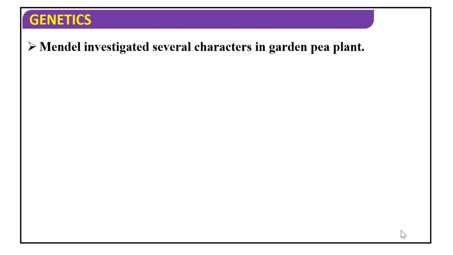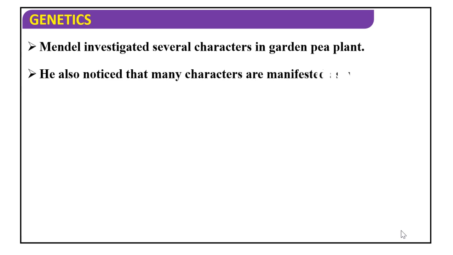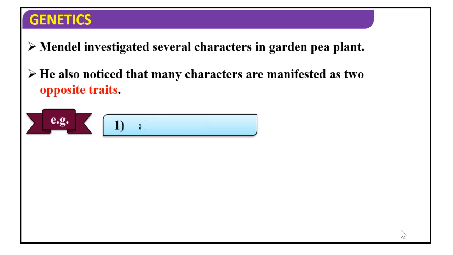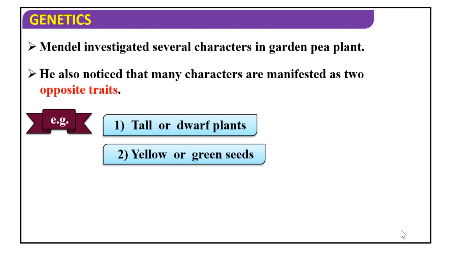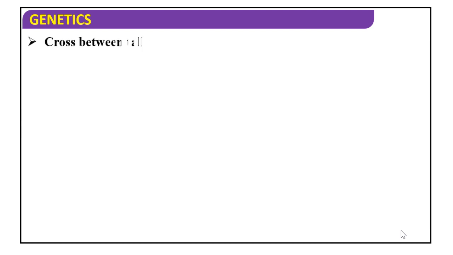Mendel investigated several characters in the garden pea plant. He noticed that many characters are manifested as two opposite traits, for example, tall or dwarf plants, yellow or green seeds.